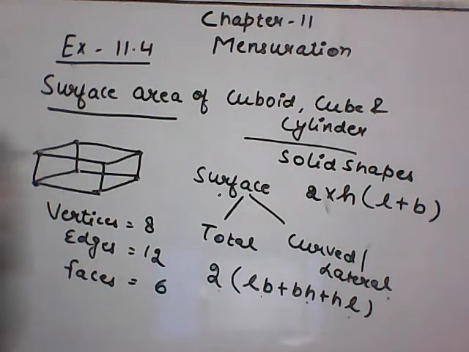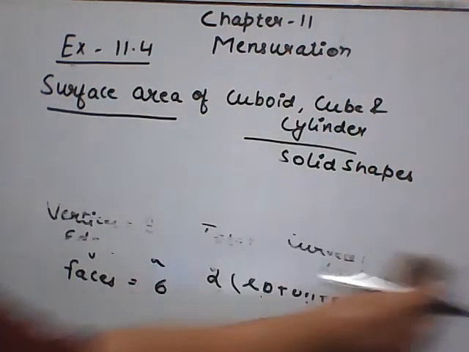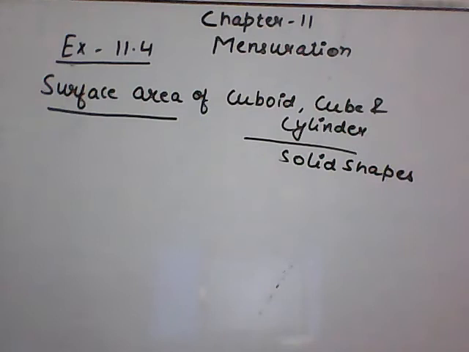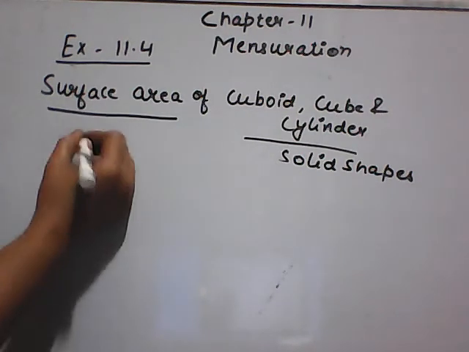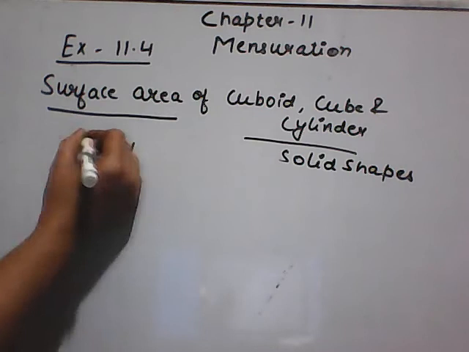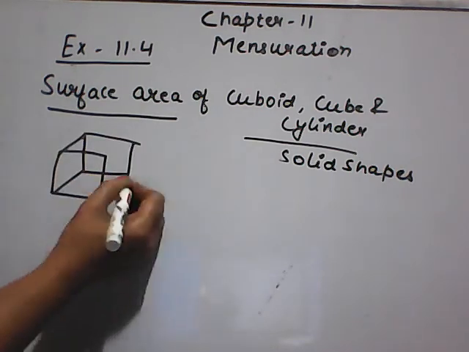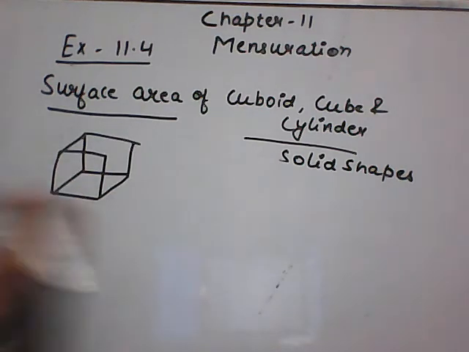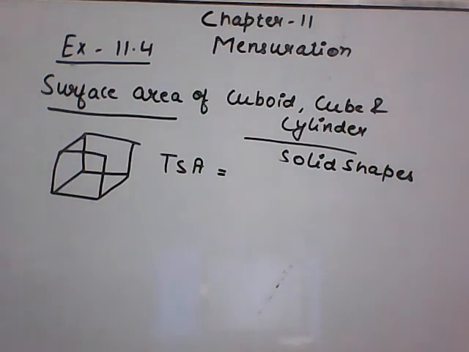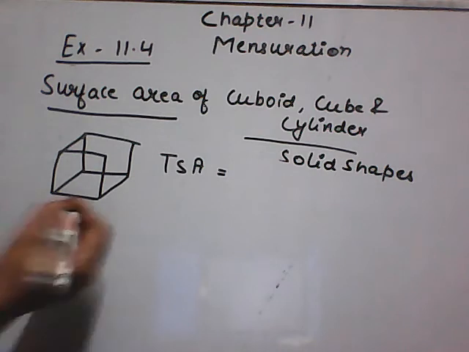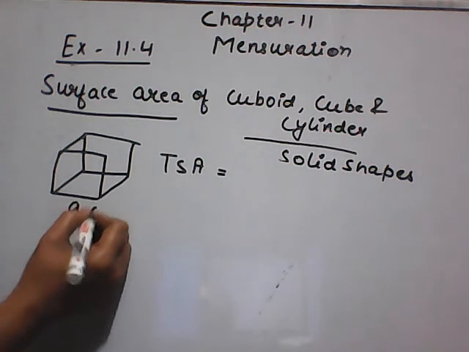Next is cube. In a cube, all sides are equal. So, total surface area of the cube can be calculated as, suppose there is an edge A centimeter.